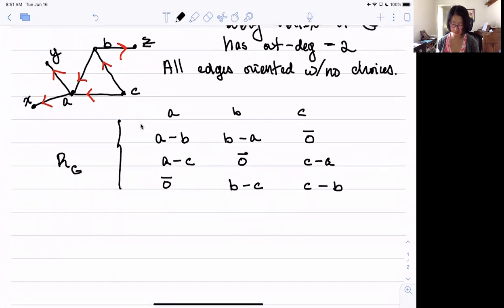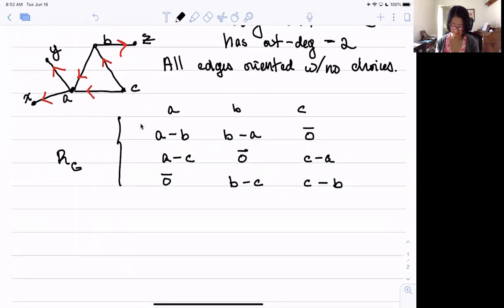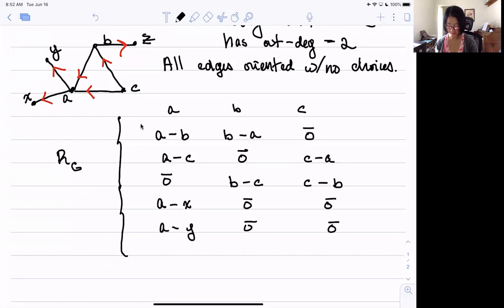And then with the tie down, I need to add 3 more rows. I've put 2 tie down bars at vertex A, so I get things that look like A minus X, and then 0, 0, and A minus Y, 0, 0.